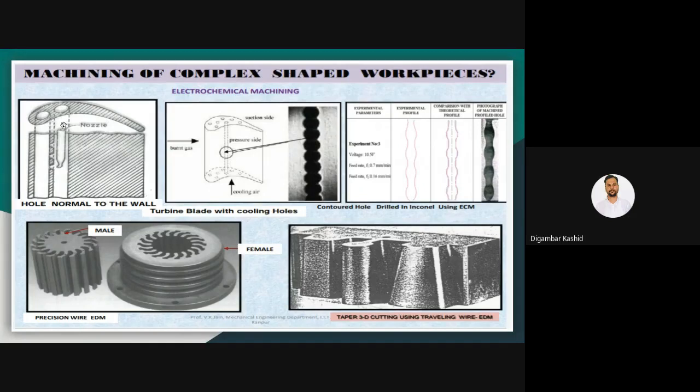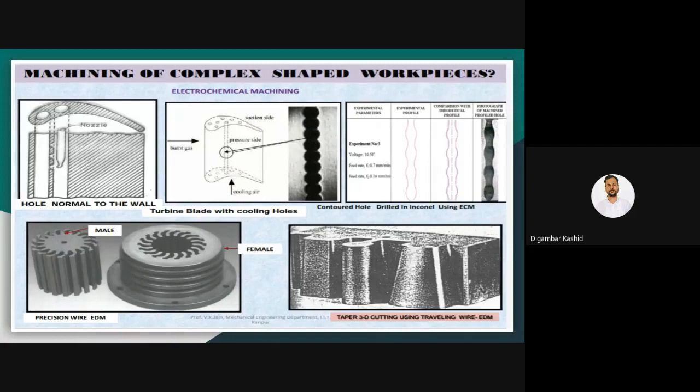To drill this hole perpendicular to this wall is very difficult, because the hole's diameter is maybe around 1 mm and the hole length say around 100 mm. So the question arises: which conventional machining method can do this?